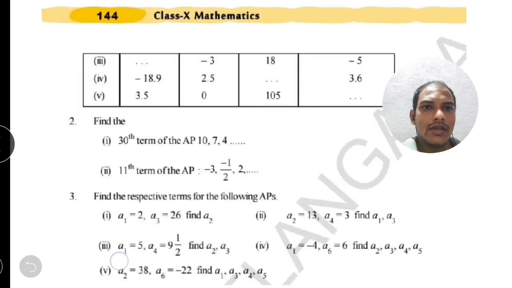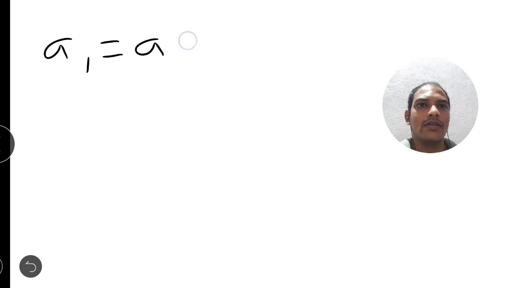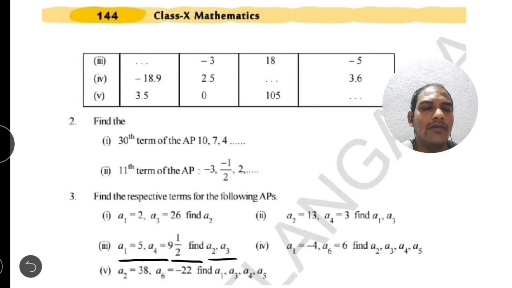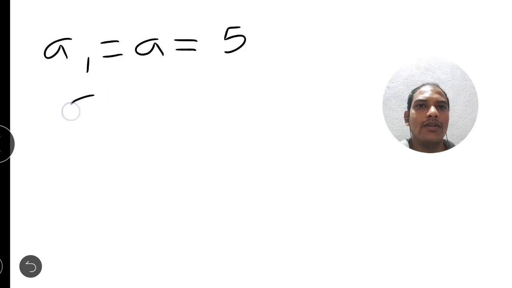Next, the third question: A1 equals 5, A4 equals 9 whole 1 by 2. Find A2 comma A3. See, A1 equals 5. A1 is denoted with a also, so a equals 5. Next A4 equals 9 whole 1 by 2.